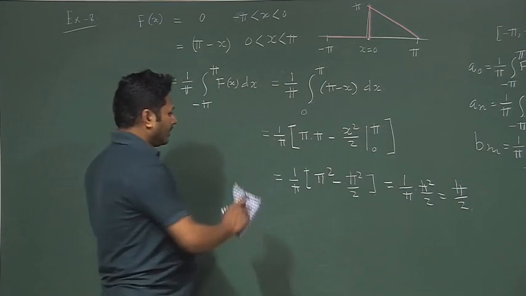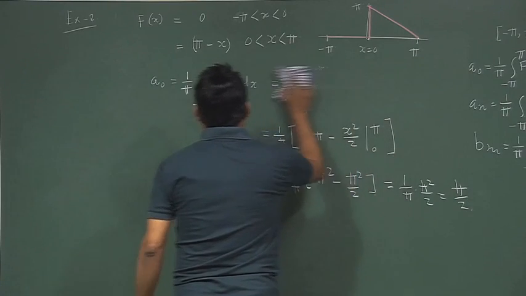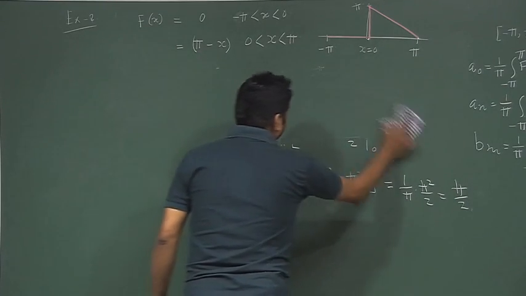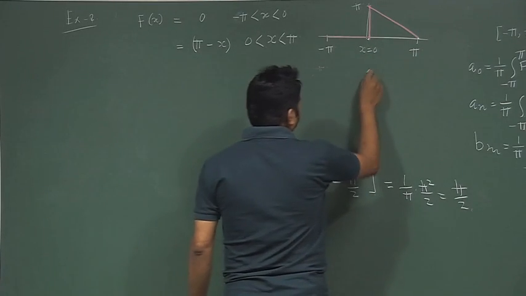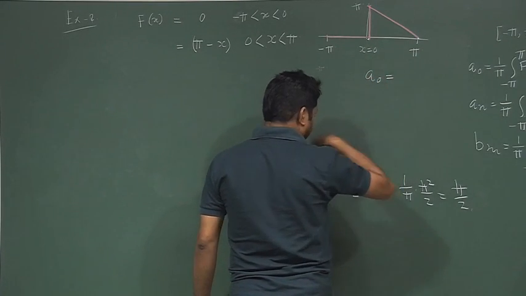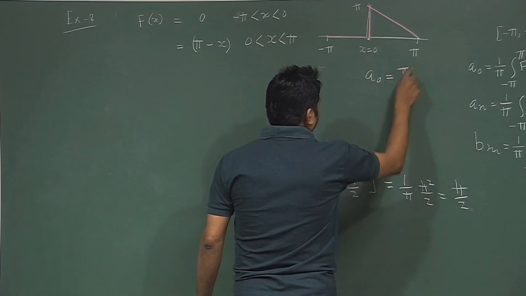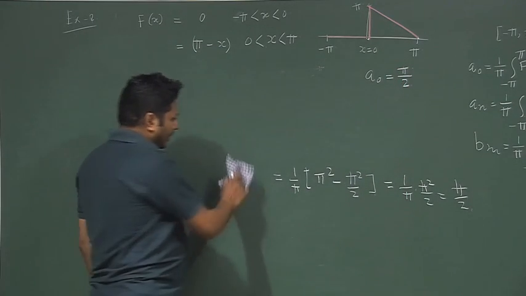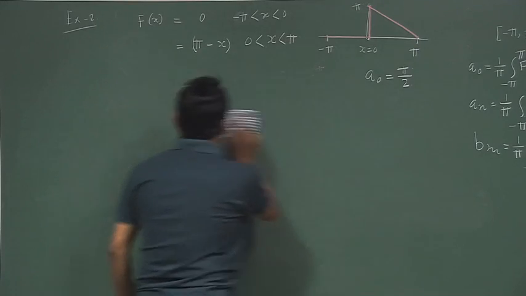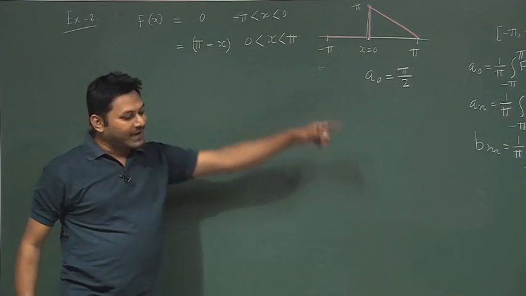So, let me write the value of a0 in this case. a0 is pi by 2. Now I need to write the value of an.